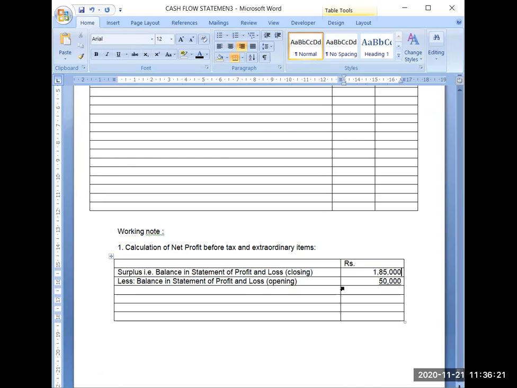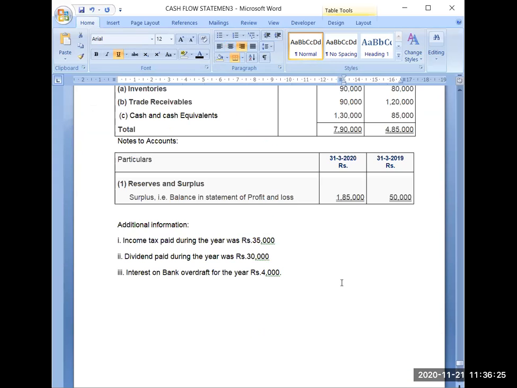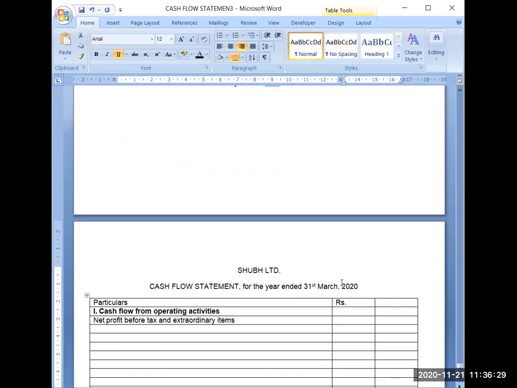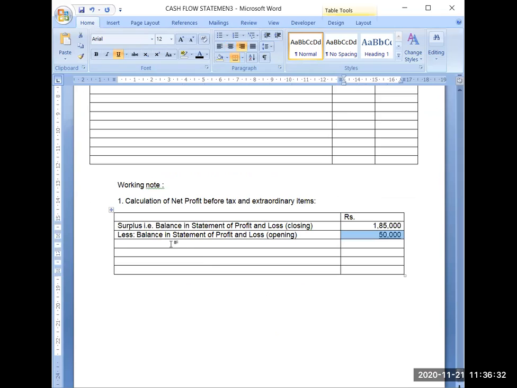Then opening balance is 50,000. So the difference will be closing minus opening. So it will be 1,35,000. Then we have to see provision for tax, dividend, and reserves.